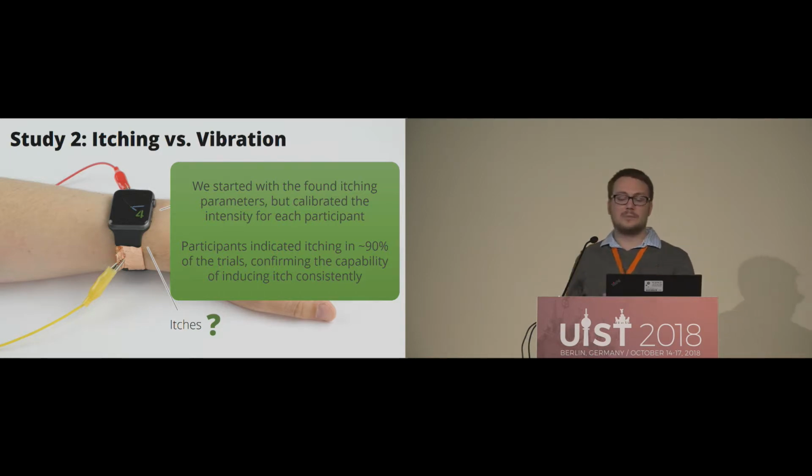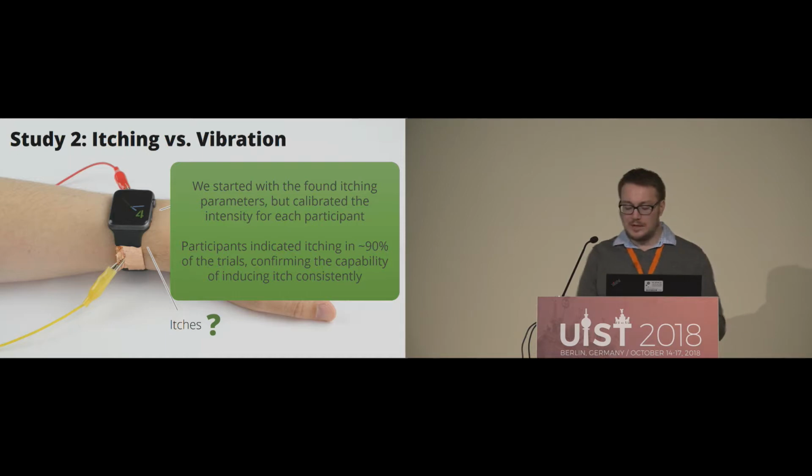We do a little bit more calibration so people could ramp up the intensity slightly if they didn't feel too much. But here we had 90% of trials where there actually was itching. You still have cases where a participant at some point maybe doesn't feel some itching. And for some people the watch was not fitting super well, and then there can be some problems. But overall, once you've calibrated a little bit, you can get pretty decent itching most of the time.